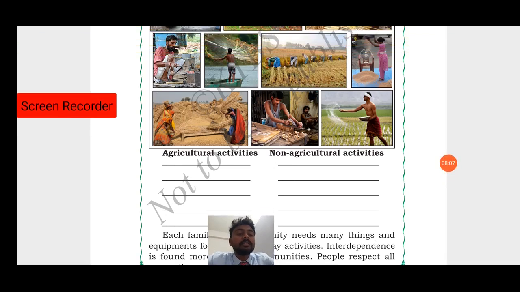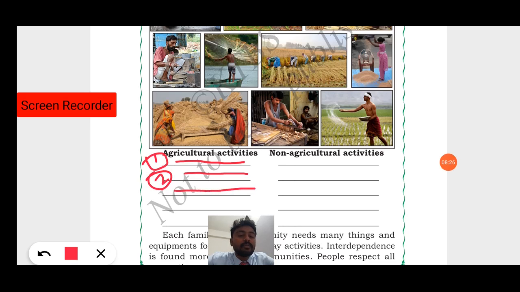First one is cultivation of the soil. So write the numbers. One, cultivation of the soil. Second, cropping. Third, farming operations. Fourth, ploughing the land to grow the crops. Fifth, harvesting the crop.